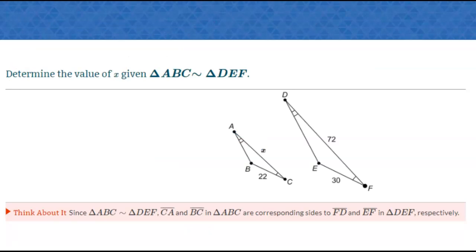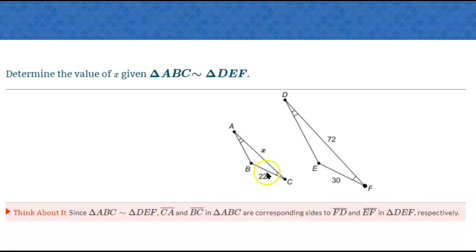First problem, we're going to determine the value of x given that triangle ABC is similar to triangle DEF. Now, we notice that BC measures 22. That's been given to us.